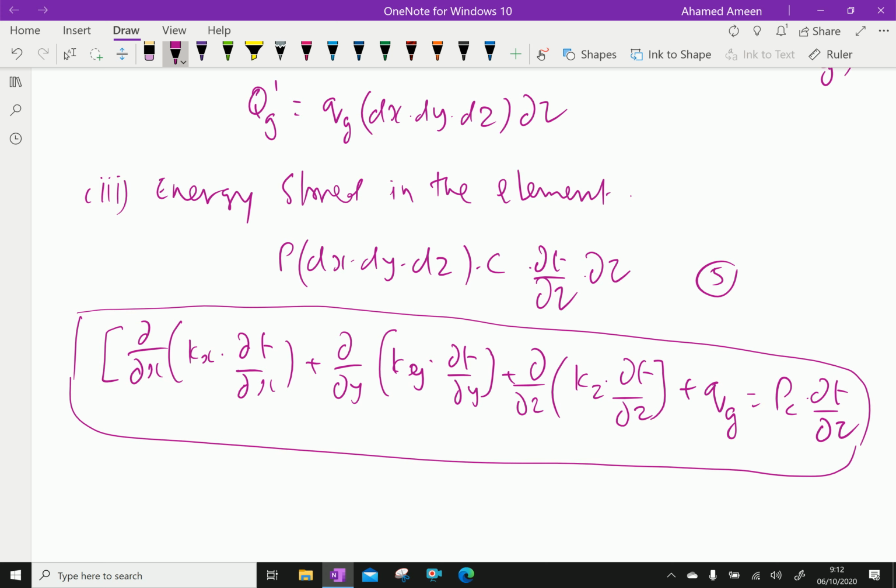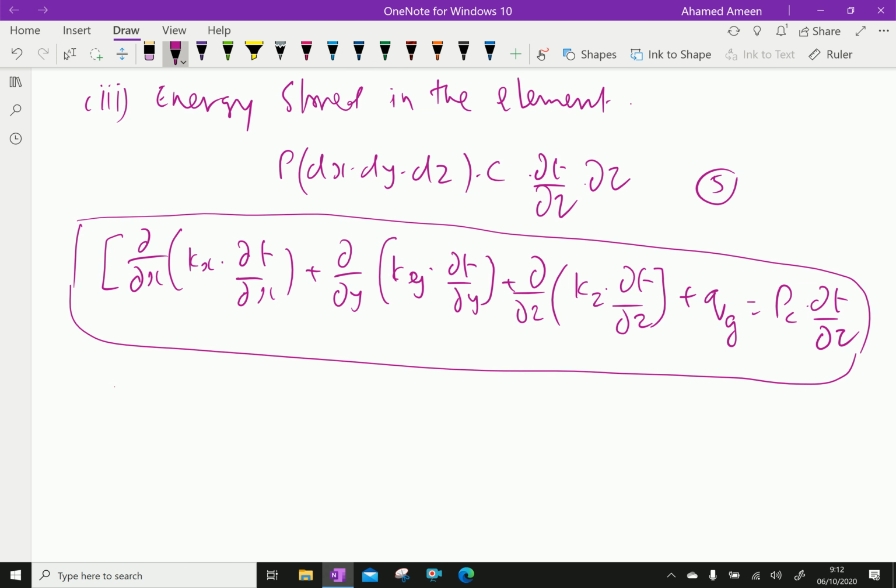This is the general heat conduction equation in Cartesian coordinates.